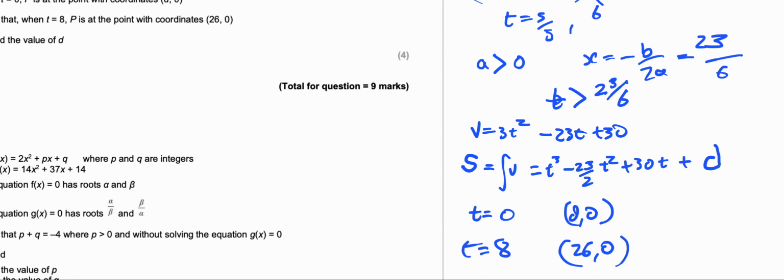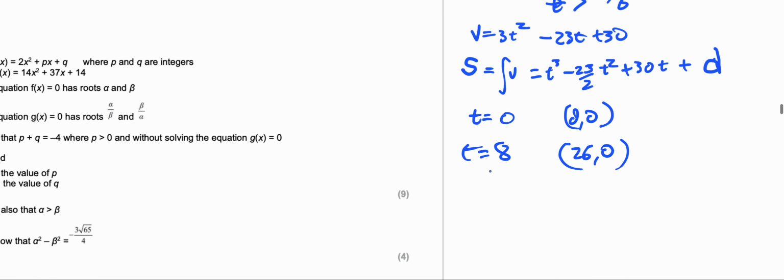So let's just change that to d. And we know when t equals 8, we're at 26, 0. So you substitute t equals 8 into your equation, and you know the distance traveled is we've gone from d to this value 26. So 26 minus d is the distance traveled.